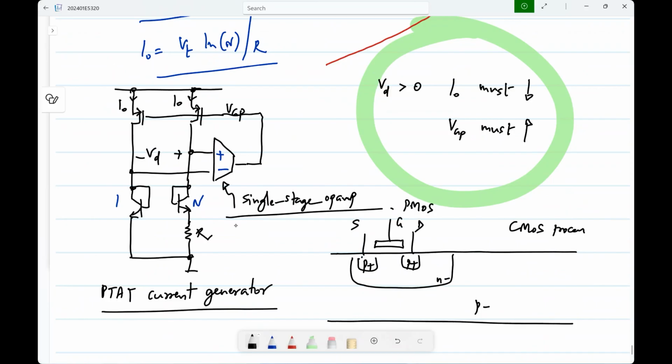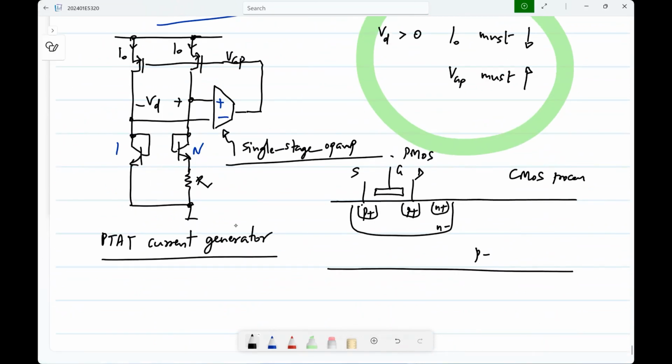Then there will be an N well contact over there. But because you have all these junctions, you automatically have a PNP transistor also, not a PMOS transistor.